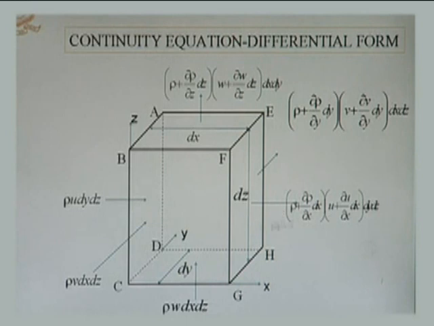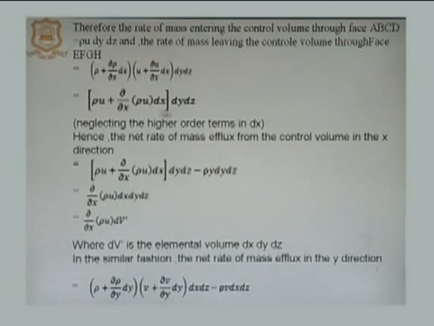On a similar principle, we can write the mass going into the control volume in the y direction, the mass going out of the control volume in the y direction, the mass going into the control volume in the z direction through the bottom face C, D, H, G, and the mass going out of the control volume through face A, B, F, E. On the same principle we can write these.